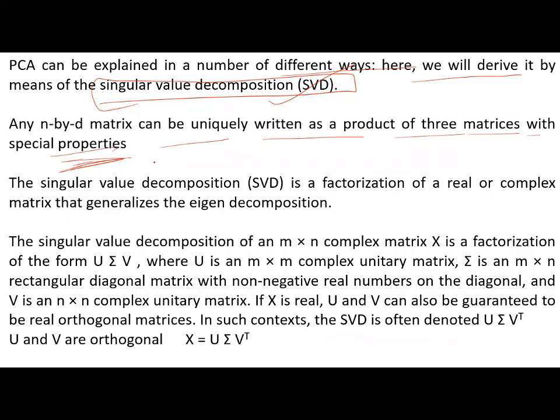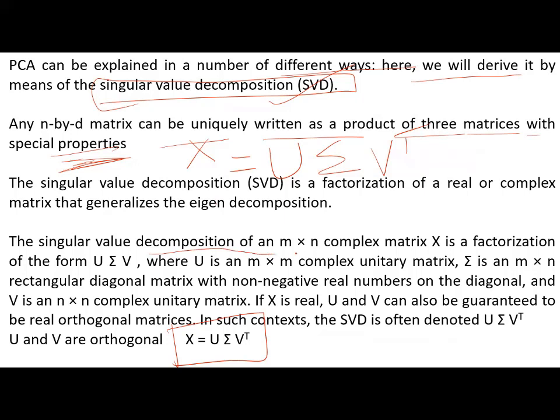Three matrices, what are they? See, X is equal to U sigma V power T. Because U and V are orthogonal to each other, we write V as a transpose.